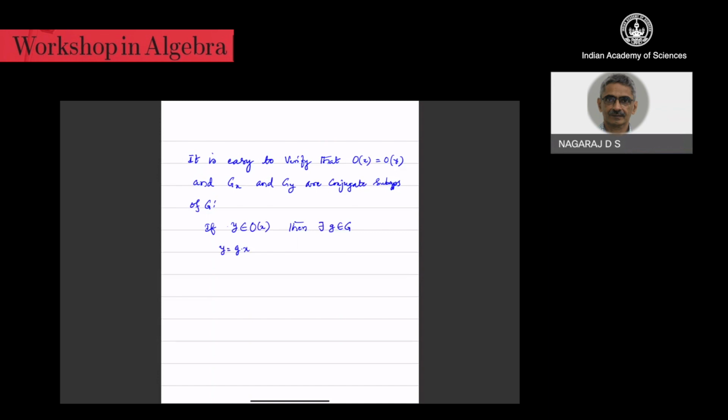Okay, so then the claim is that Gy is equal to g Gx g inverse. It's conjugate to that. Thus, if you take any element here, the conjugate consists of all g h g inverse, h in Gx.